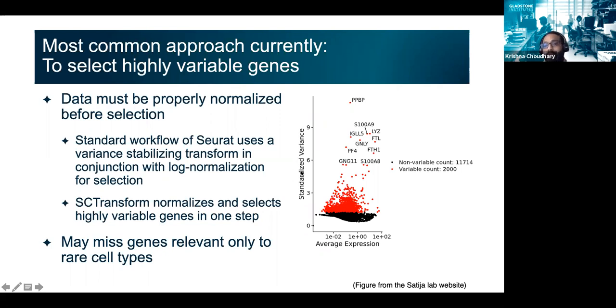So you have to standardize the variance so that you can select them all on the same scale. The variances are on the same scale and account for the difference in the expression levels of different genes also. So that is what the standardization is doing.